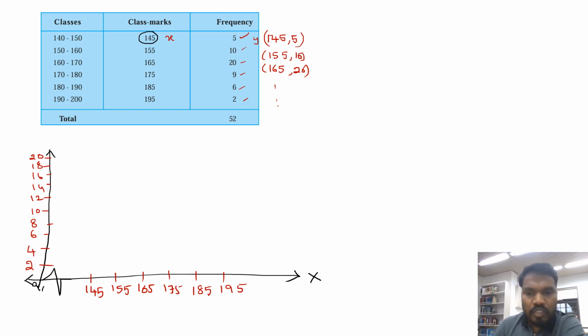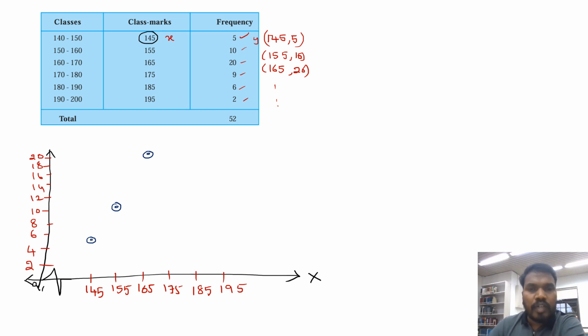So here this is the first dot, this is one. And the second one, 155, 10, so this one is the second dot. And third, 165, 20, is this.